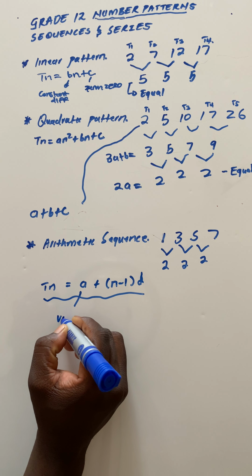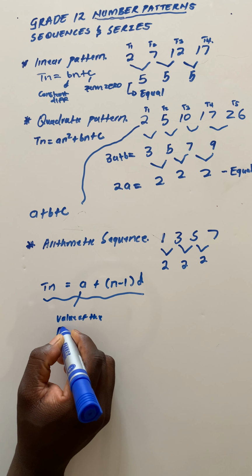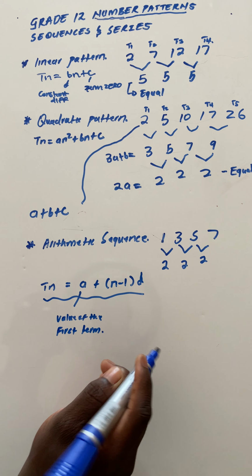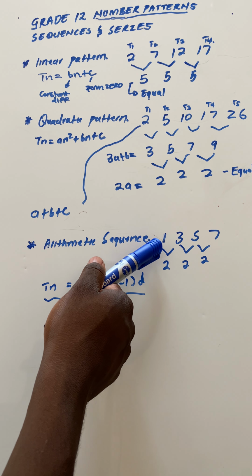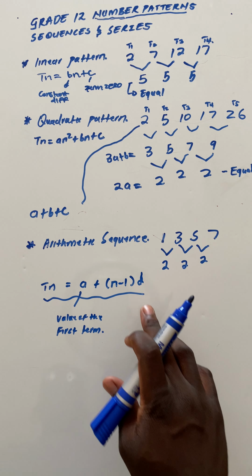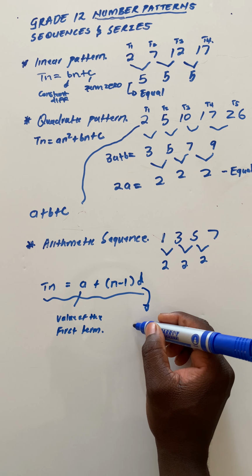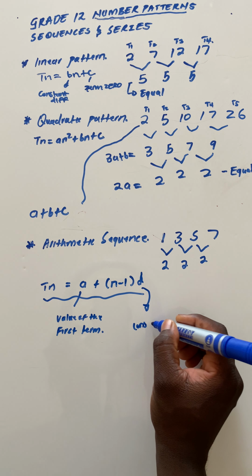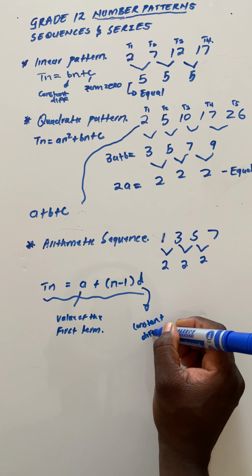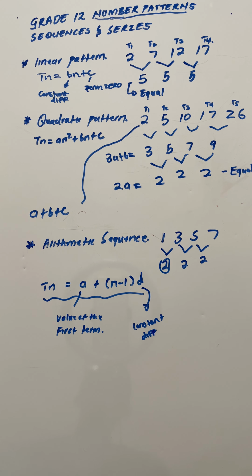So in this case, the value of the first term would be 1. Right. Okay. So now what is d? D would now represent the constant difference with its sign. So in this case, your constant difference would be 2. So it would mean that d would be equal to 2, right?